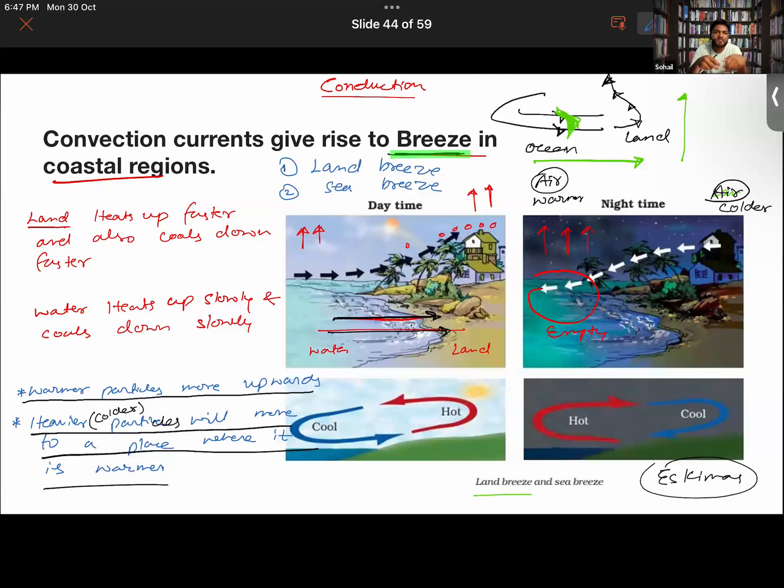Colder air molecules will move towards the space created by the rising air. Okay, now this is the rising air that is rising up. So an empty space is being created over here. The colder air will rush in towards that area to fill up that empty space.